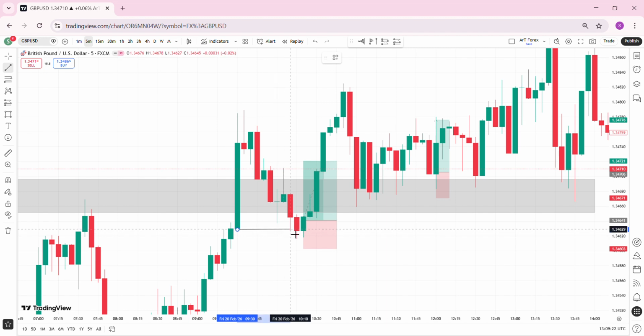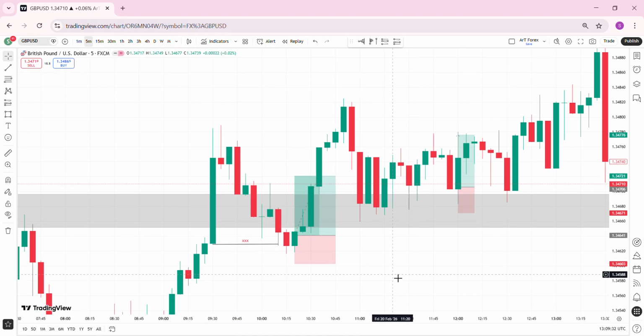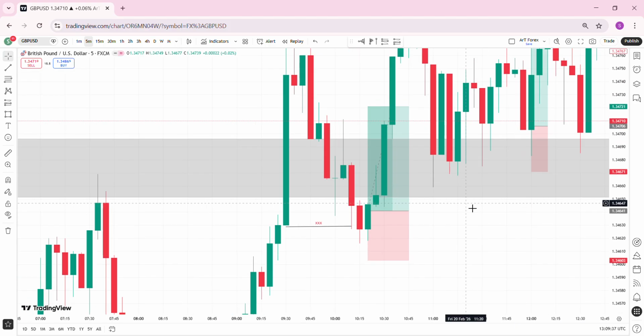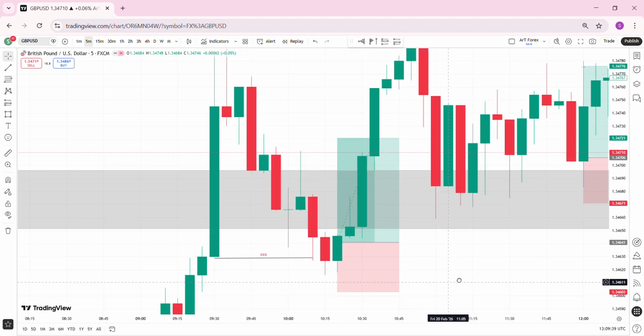You see guys, this is the liquidity I was expecting for the market to take before market to keep going up. What was in my head at this point was that I was waiting just for confirmation.